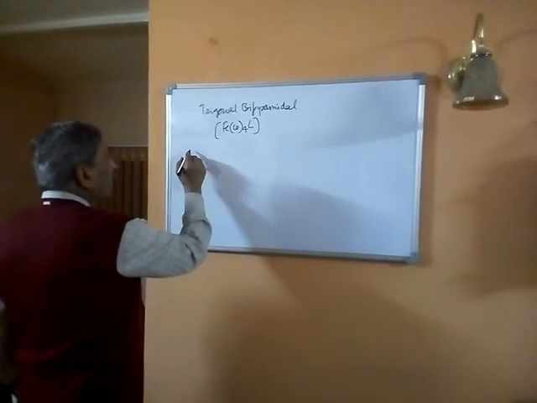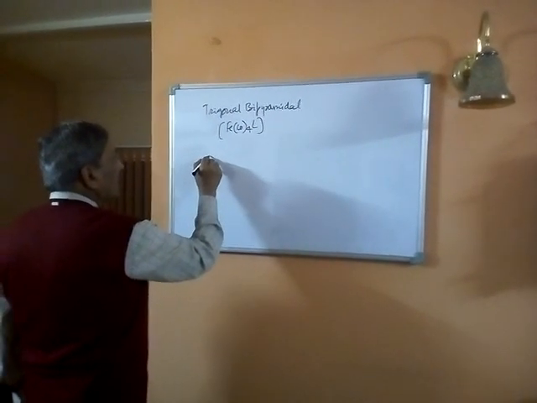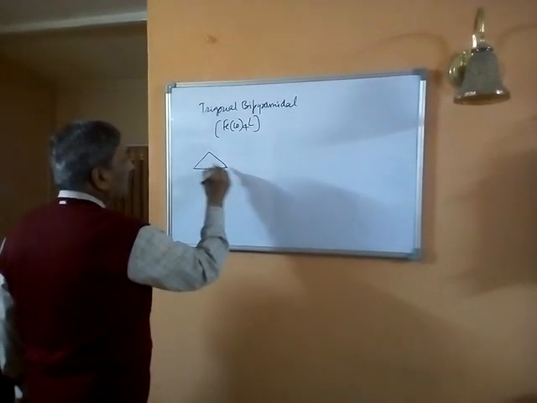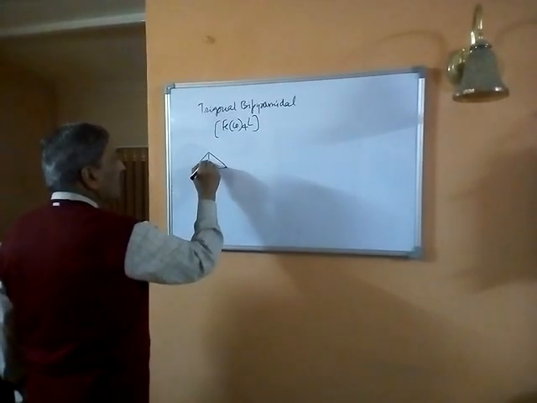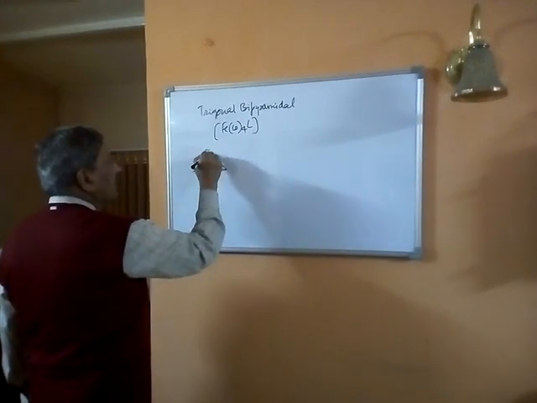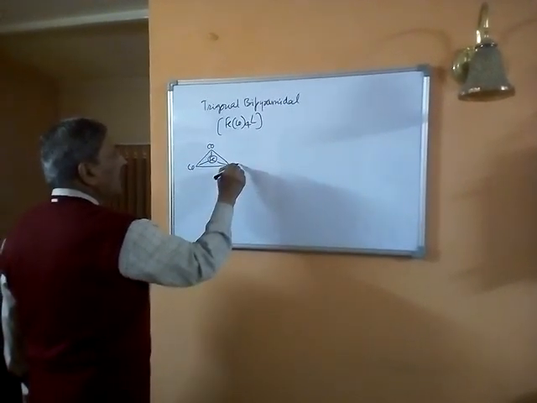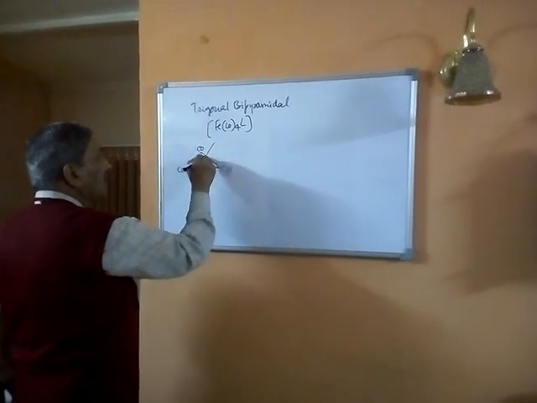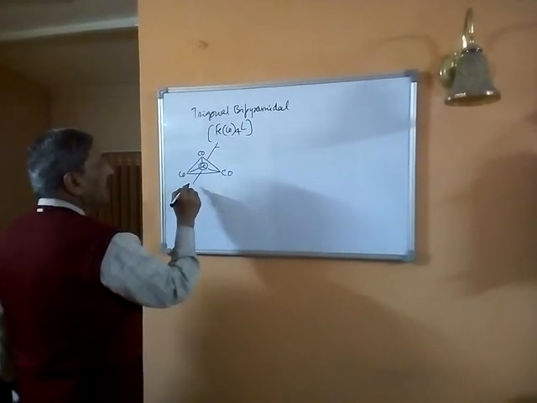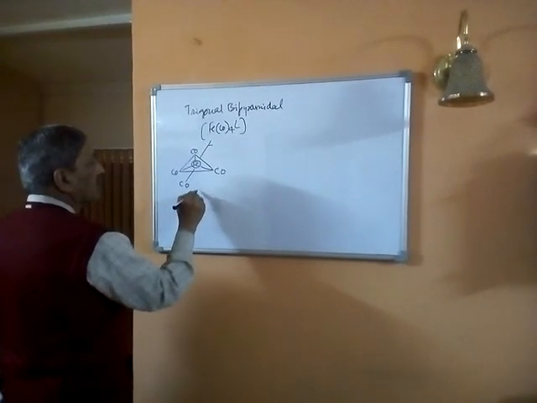In structure 1, we will have all the 3 COs in the equatorial plane of a triangle with the iron sitting at its center, and we will have in the axial sides the ligand L and 1 CO. So this is our structure 1.